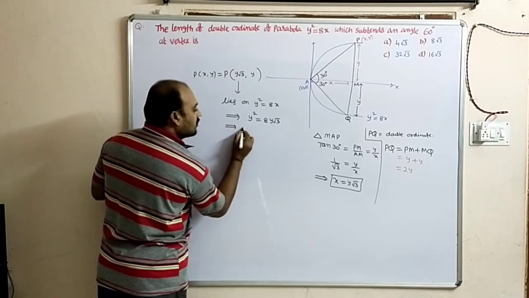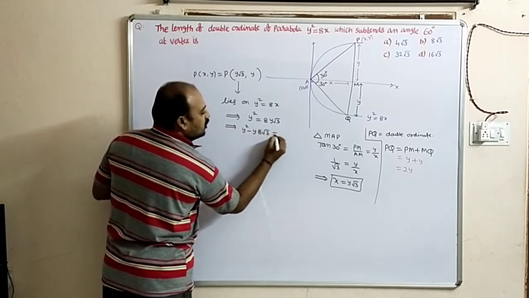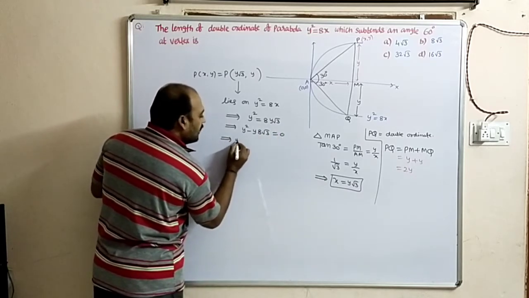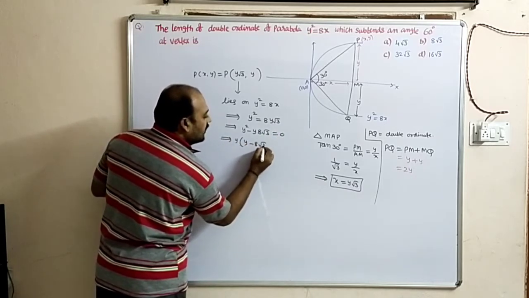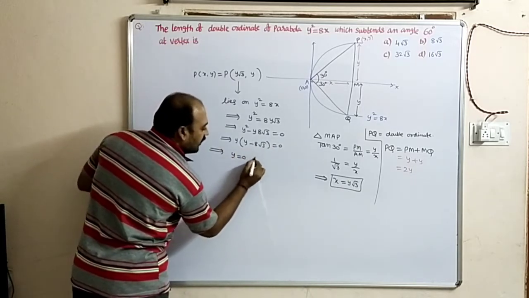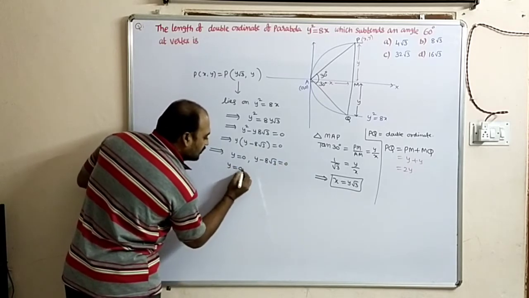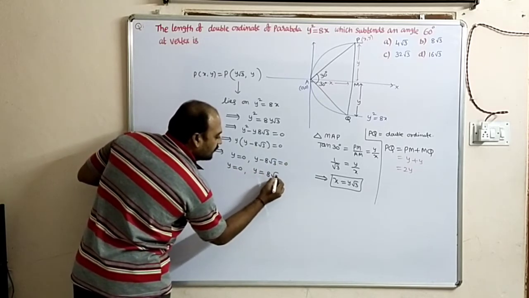That implies y square minus y into 8 root 3 is equal to 0. y into y minus 8 root 3 equal to 0. y equal to 0 and y minus 8 root 3 equal to 0. So y equal to 0 and y equal to 8 root 3.